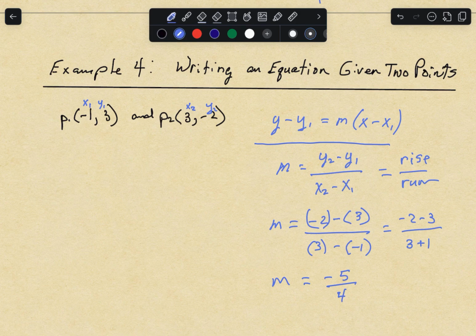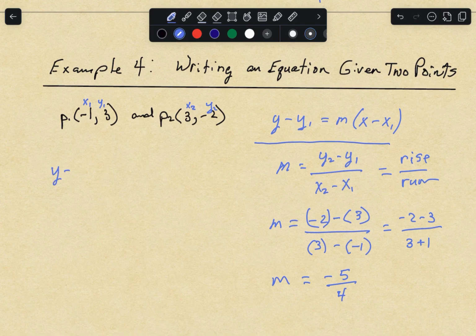Now, here's the cool thing about this. You can use any of these points to make it work. They all work. Now you take y minus y sub 1, and you might as well use y sub 1 here, but you can use y sub 2, believe it or not. It doesn't matter.